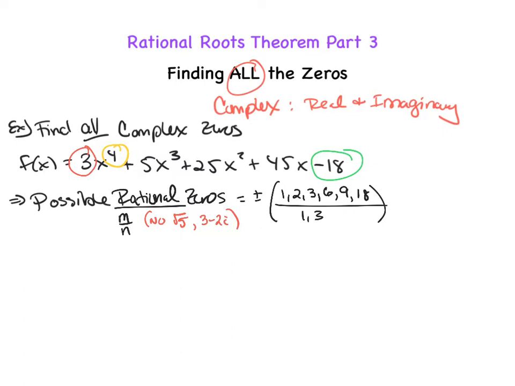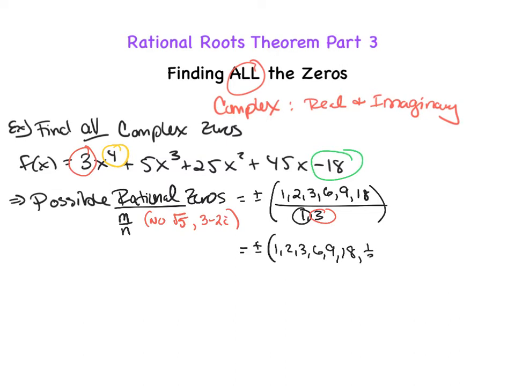So our possible rational zeros for this problem would be positive or negative. Let's do everybody over 1 first. So that would be 1, 2, 3, 6, 9, 18. Now let's do everybody over 3 second, making sure we don't include any repeats.